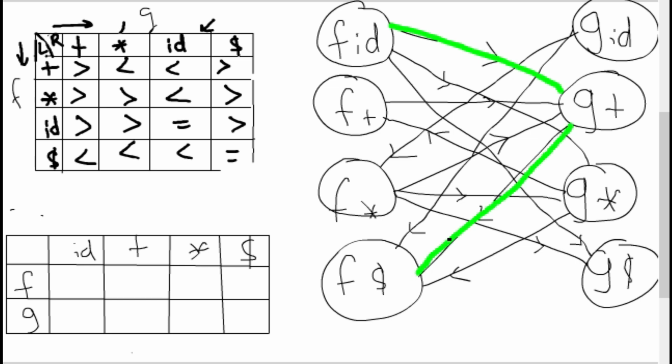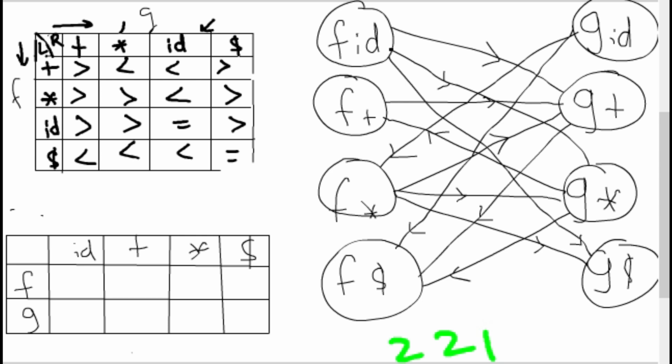So there are two edges, so we have to write 2. Now F ID goes to G star, and G star goes to F dollar. So again there are two edges. Now F ID directly goes to G dollar, so there is one edge, right?